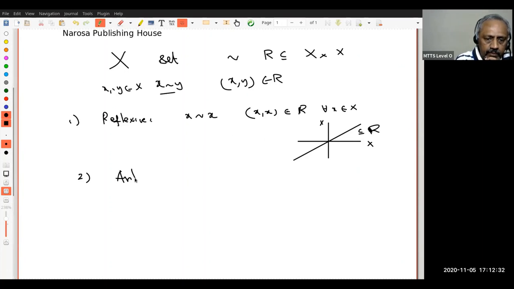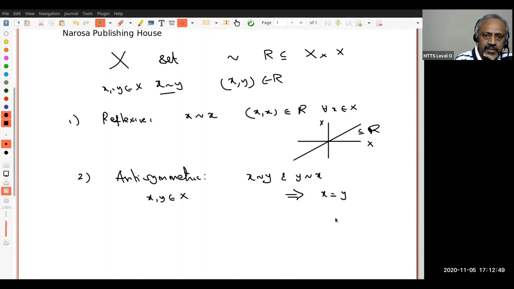Second, it's supposed to be antisymmetric if x is related to y, and y is also related to x, of course x and y are in X, then x must be equal to y. We will give very easy and good examples.